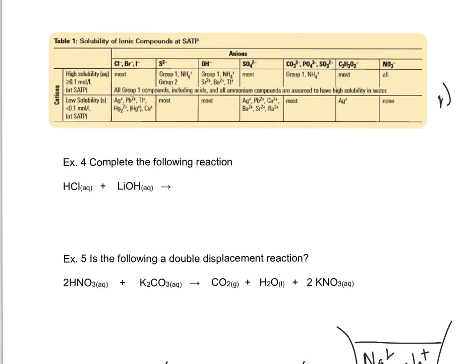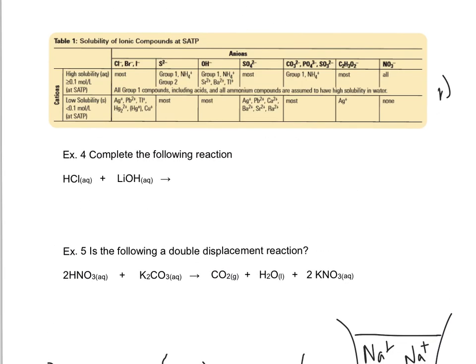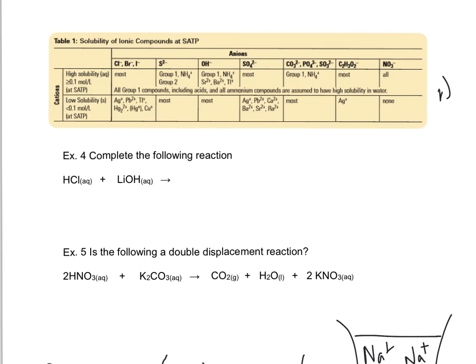Okay, let's get back to the fourth example. Okay, complete the following reaction. You've got HCl AQ and LiOH, so hydrochloric acid and lithium hydroxide. We have to switch the front part of our reaction, so H goes with OH and Li goes with Cl.